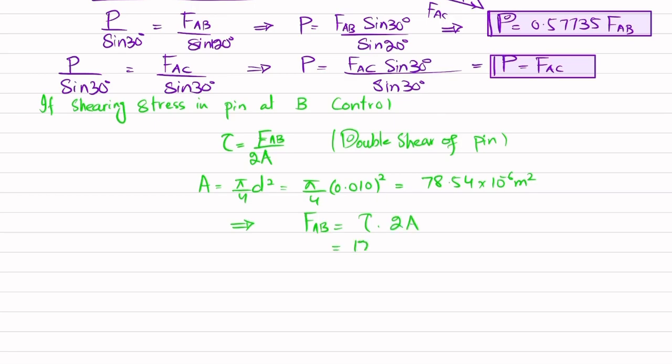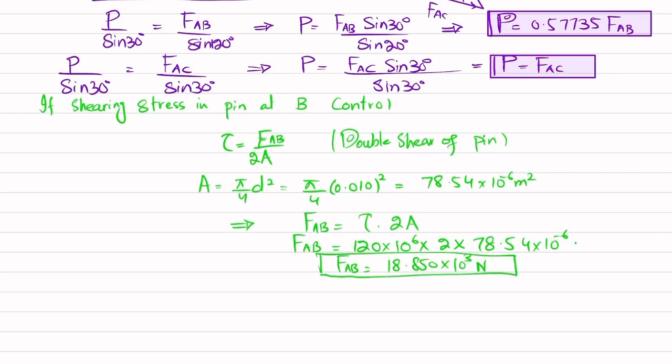Shearing stress is 120 megapascal, so 120 multiplied by 10 raised to power 6, multiplied by 2, multiplied by 78.54 into 10 raised to power minus 6. So you will get FAB equal to 18.850 into 10 raised to power 3 Newton. This is the force produced in the pin due to the shearing stress of 120 megapascal.